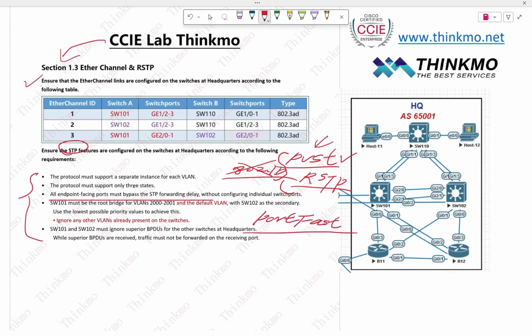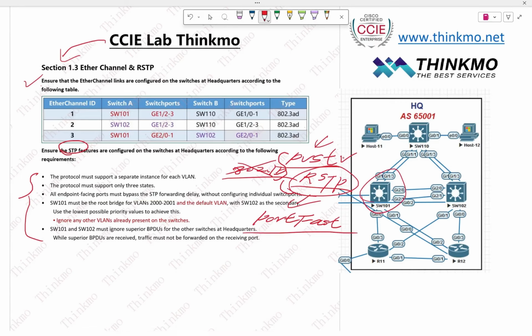For the interface, this skips what exactly? It skips the listening and learning states, right? It goes straight into the forwarding state. That meets the requirements of the question, right? For a fast interface, we configure RSTP and then add the interface, right?